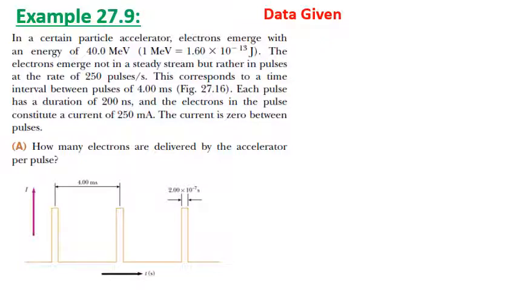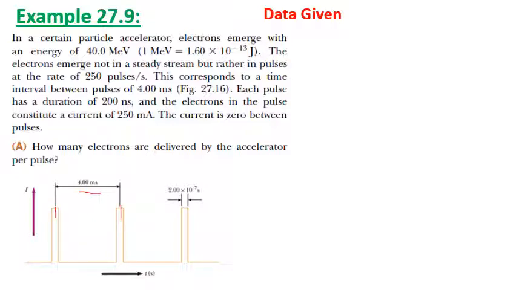The figure shows that we have current along the y-axis and time along the x-axis. This is 200 nanoseconds, the duration of the pulse, and this is the interval between the pulses, from this pulse to this pulse.